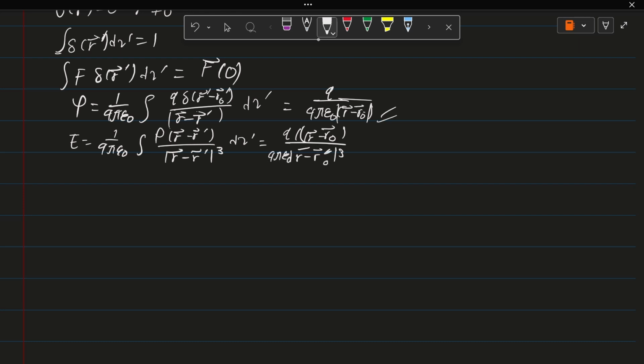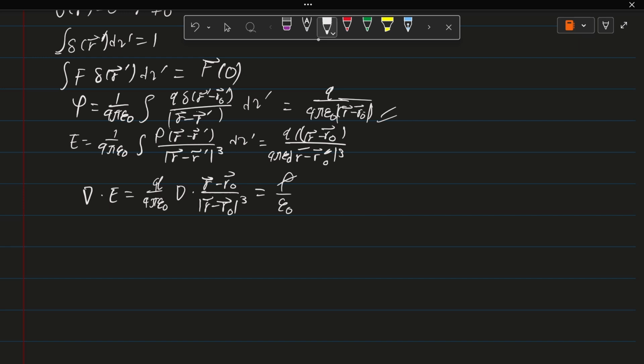So now you could try to figure out what's the divergence of this electric field. It's going to be q over 4 pi epsilon 0 of the divergence of r vector minus r vector 0 over the length of r vector minus r0 vector cubed. And from the Gauss law, you would know that this is just rho over epsilon 0.